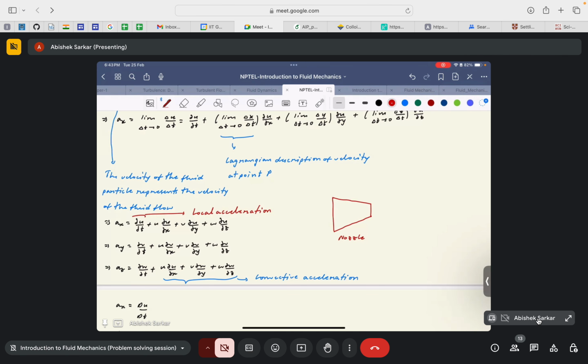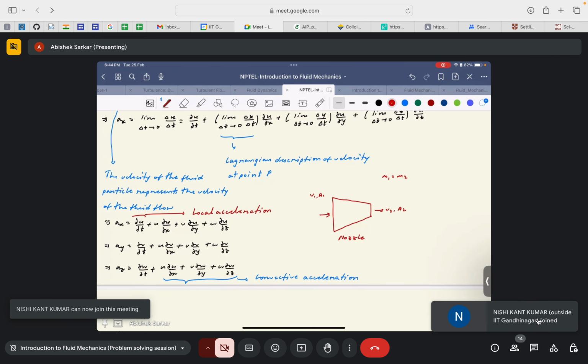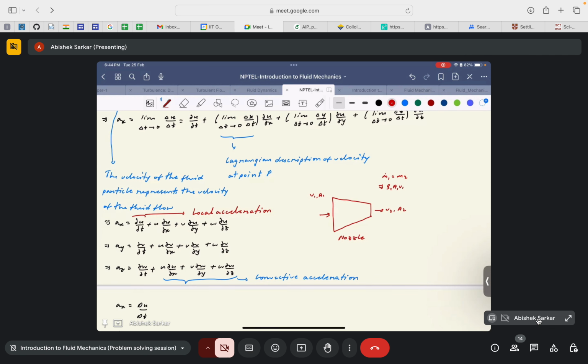Say the velocity at the inlet is V1 and the area is A1, the velocity at the exit is V2, and the area at the exit is A2. From mass conservation, m1 should be equal to m2 for steady flows, of course. Then we have rho 1 A1 V1, the mass flow rate at the inlet, equal to rho 2 A2 V2.